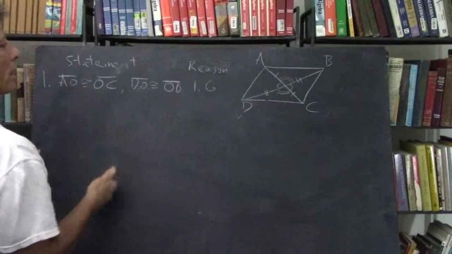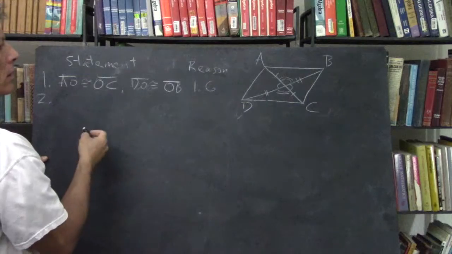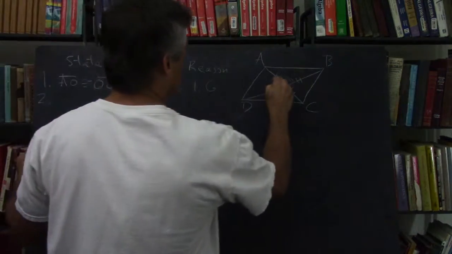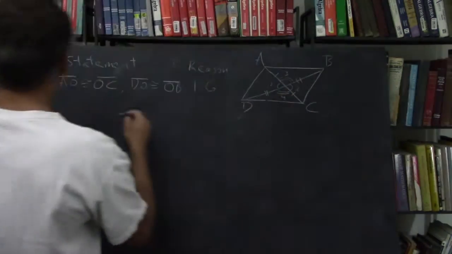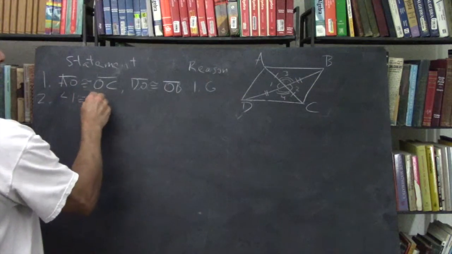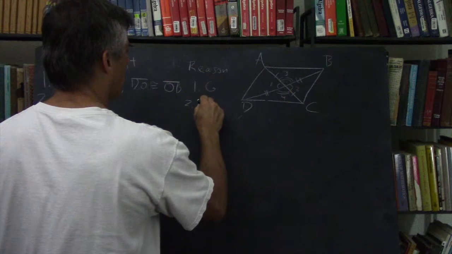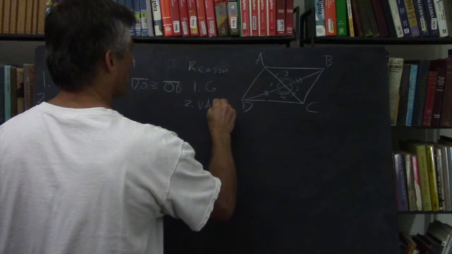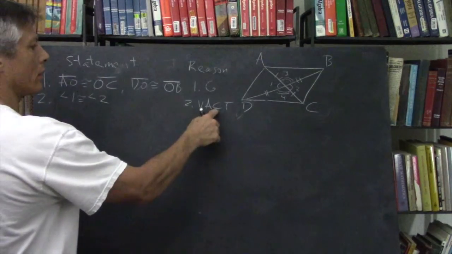So we have our given, and then we know that angle 1 is congruent to angle 2. I'll just call it the vertical angle congruence theorem.